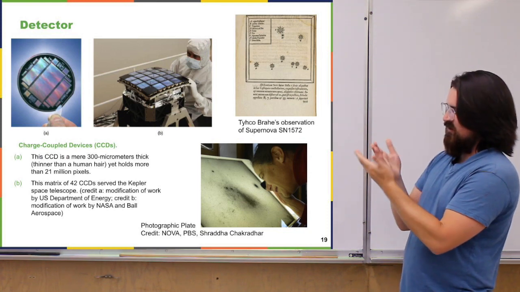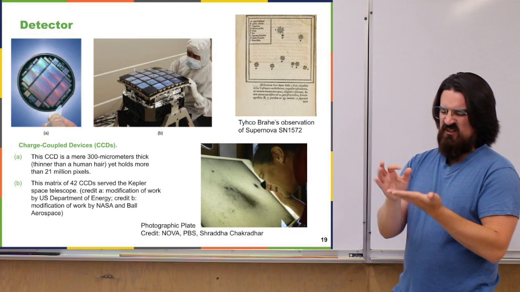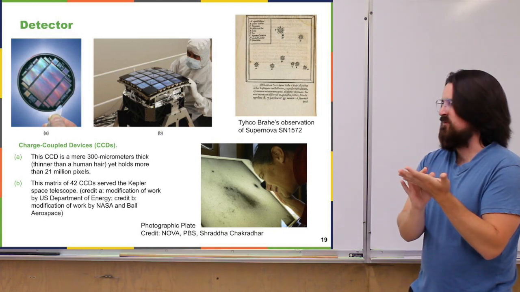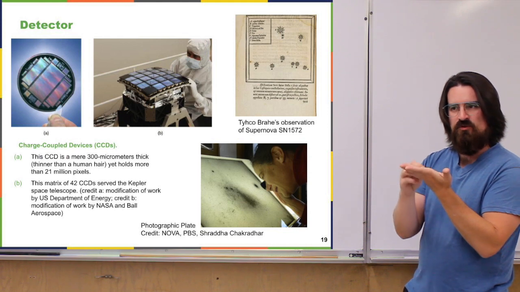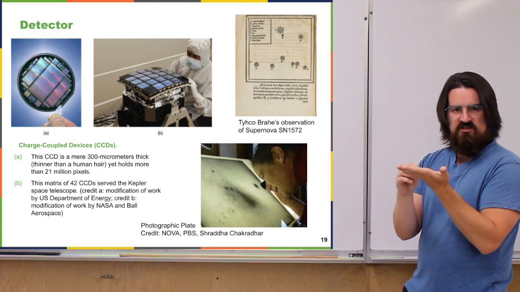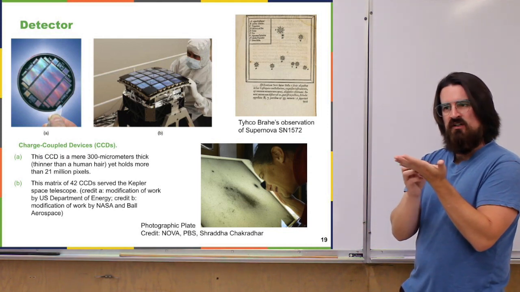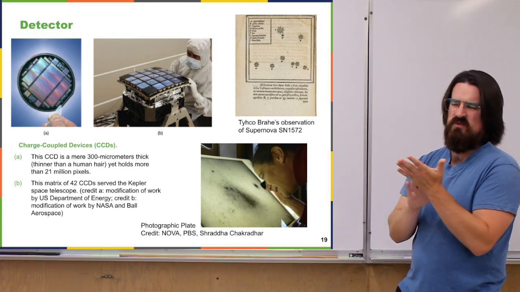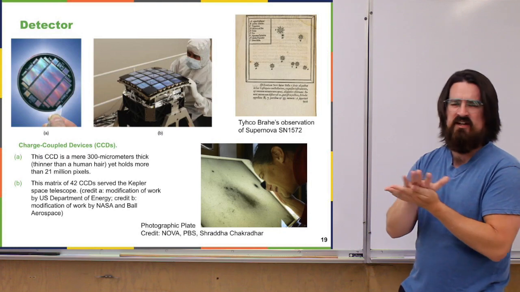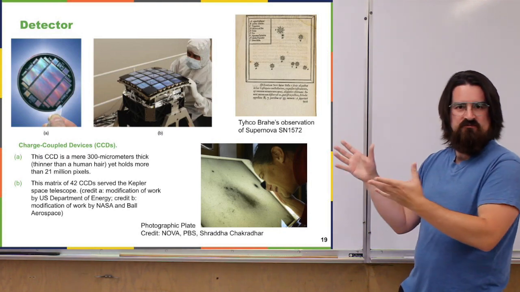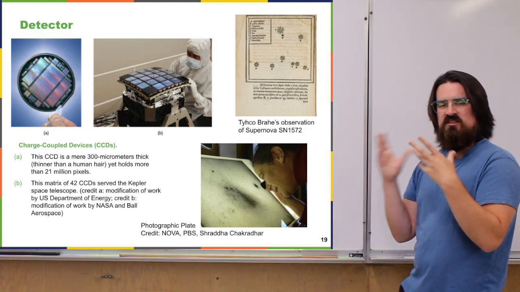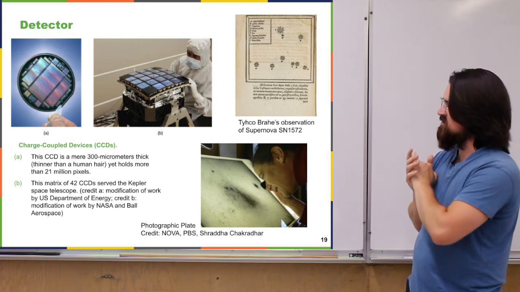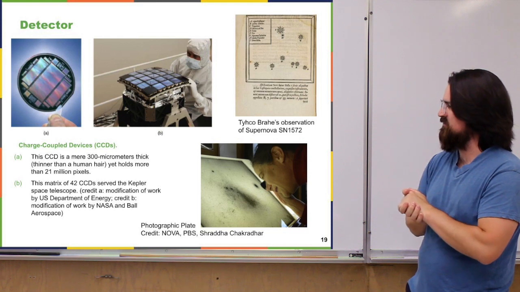So these are just arrays of tiny, tiny little pixels, like millions of pixels on a square centimeter, that each are able to absorb the radiation that comes on them and register how much it is and what wavelength it is, or maybe just how much it is. It depends on the kind of detector. So basically, a very fancy and detailed high-resolution camera detector. So that's the CCD one. A lot of the modern stuff is.